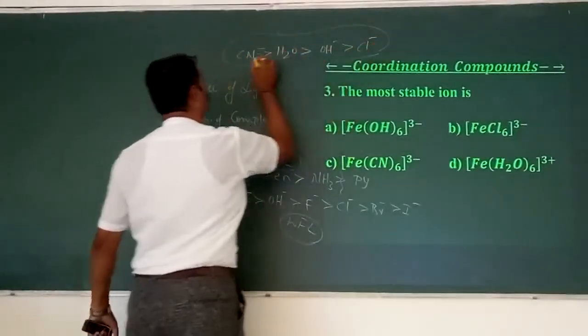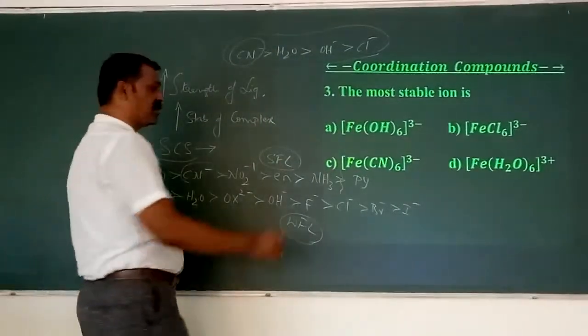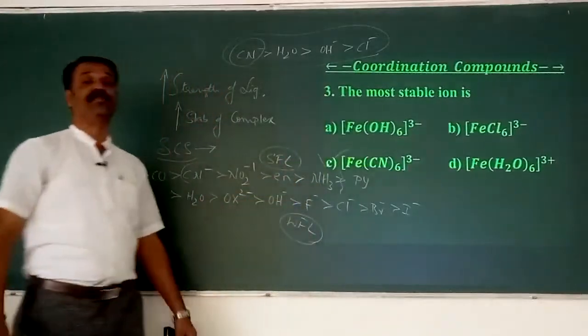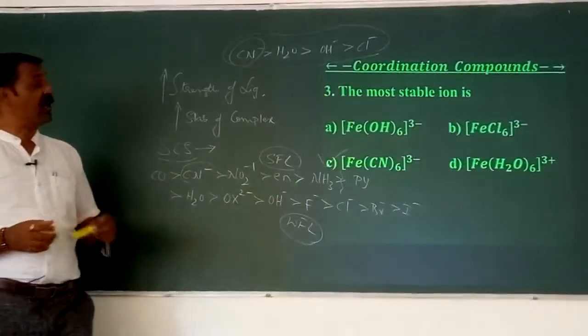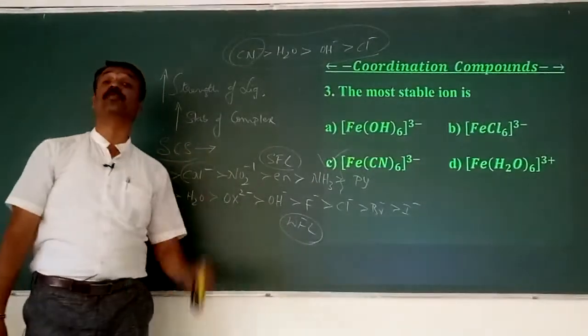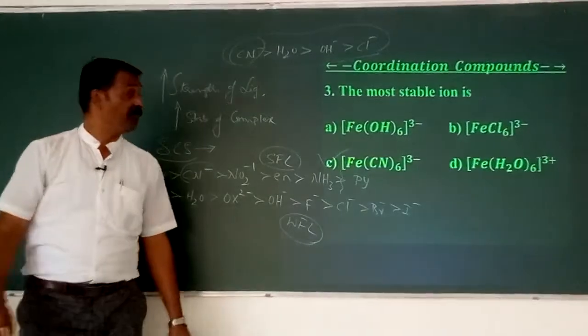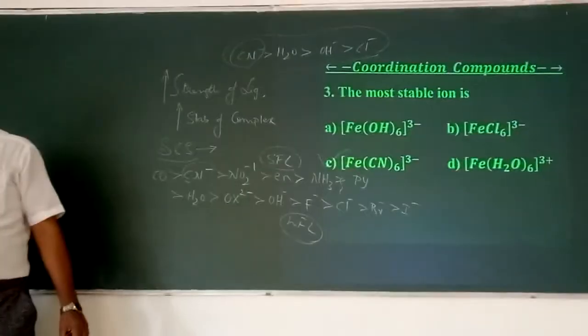Therefore, the one having the most strength is cyanide. Hence we can say that Fe(CN)6 3 minus is one of the stable complex ions because it has the more crystal field strength, or indirectly, a more crystal field splitting energy. Okay. So that is 3C.